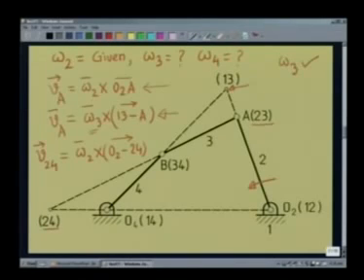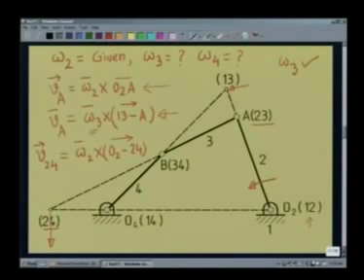Because link 2 is rotating about the point O2 which is 1, 2. As omega 2 is given, I can find out the velocity of this point. For counterclockwise velocity of link 2, it will be in this direction perpendicular to this line, and the magnitude I can find out. Now let me consider the same point 2, 4 as a point on body 4, and I must get the same velocity.